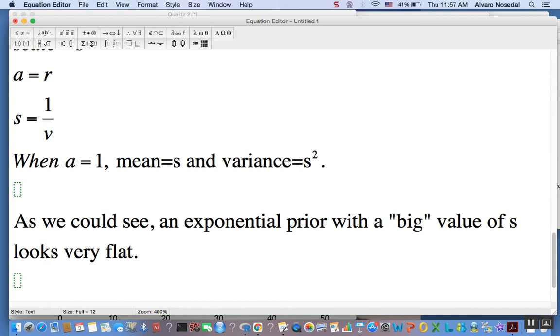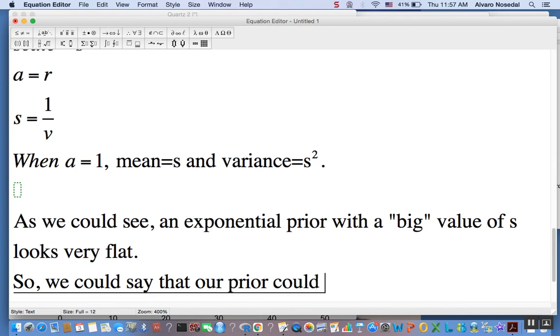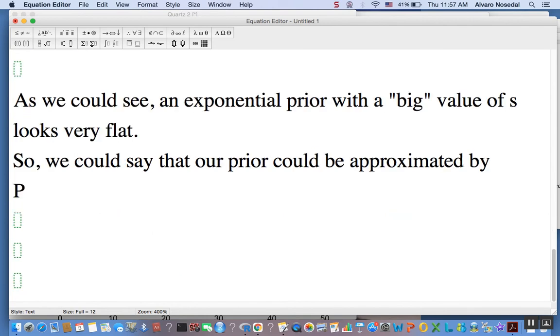So we could say that our prior, and let me use that notation, P of mu, could be approximated by something that looks like this.